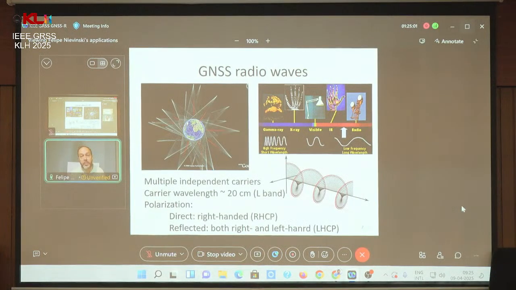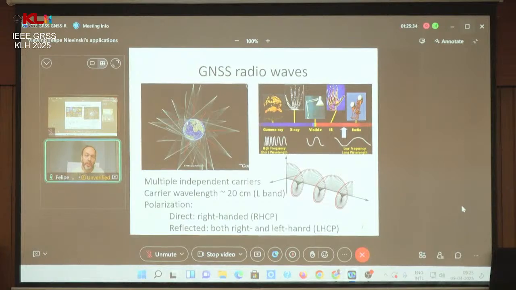And that's one reason why this near grazing incidence is so useful for ground-based GNSS-R when you use a single antenna, because the direct transmission and the reflected wave have nearly the same polarization, nearly the same direction in the sky, and also a very small delay between the two.